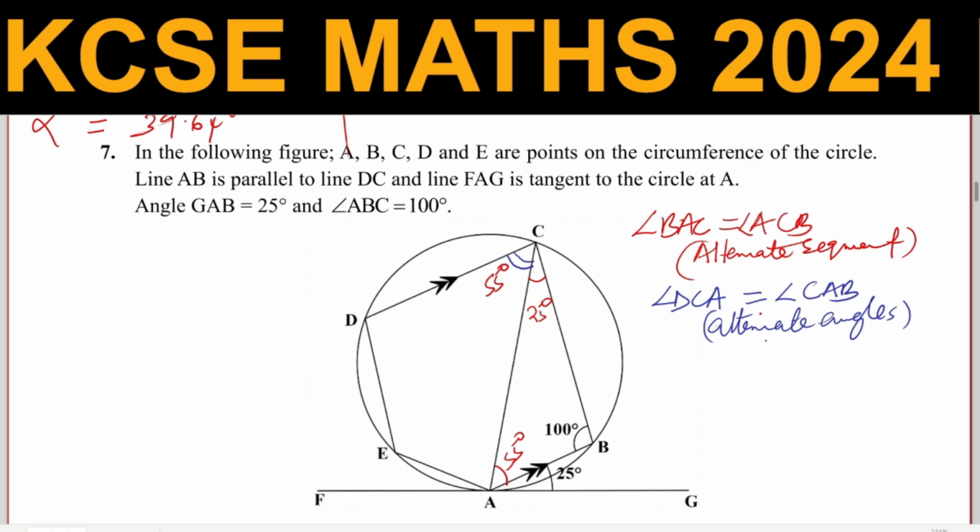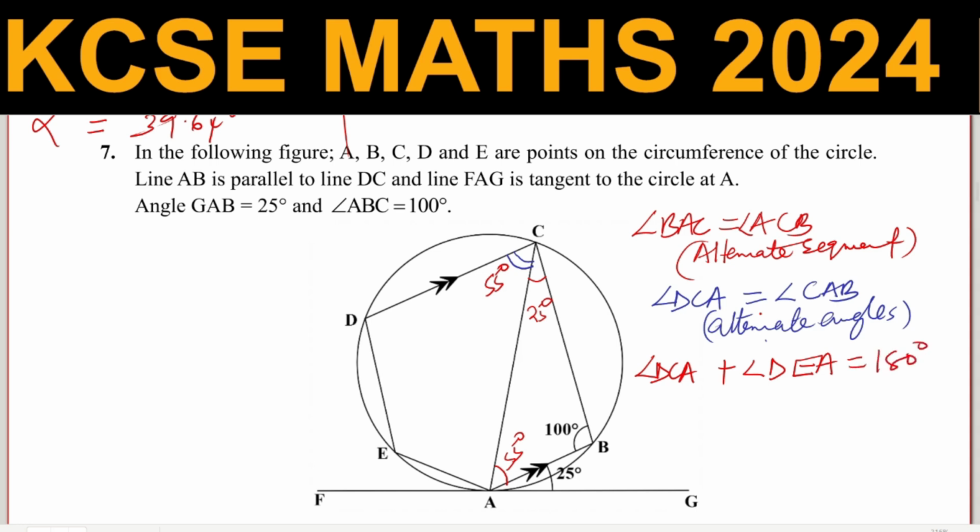Now after getting that, there is another one that you can still get. Look at angle DCA. We can use another property here. If I take that angle plus angle DEA, that should give a sum of 180.